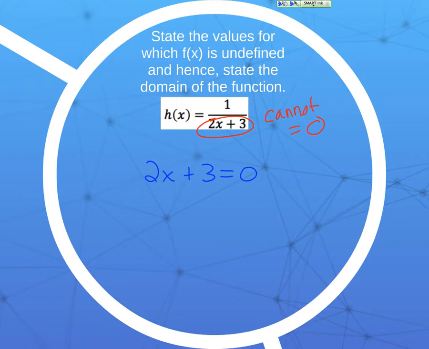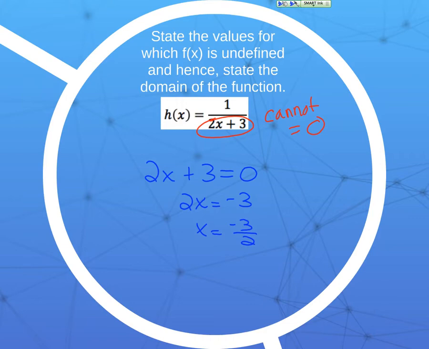So I'm looking for that one number that will make it equal 0. I subtract my 3, so 2x equals negative 3. Divide by 2, x equals negative 3 over 2.